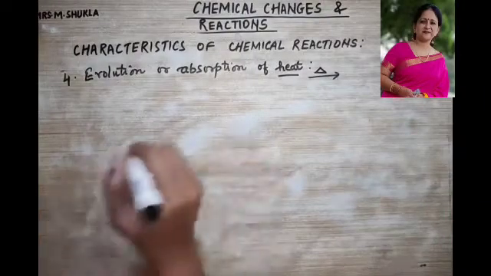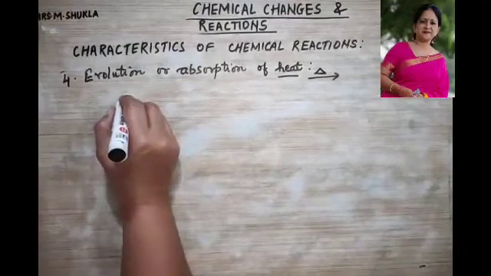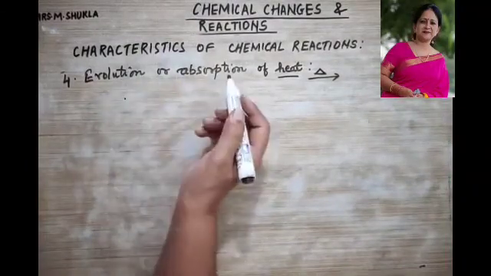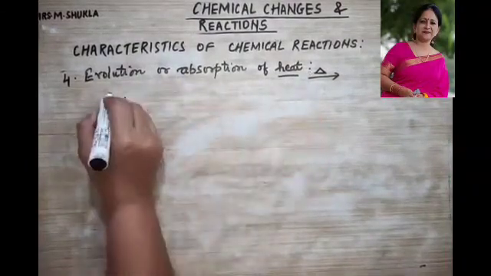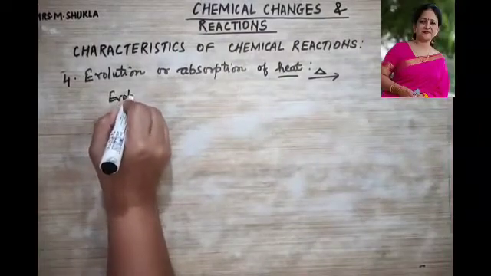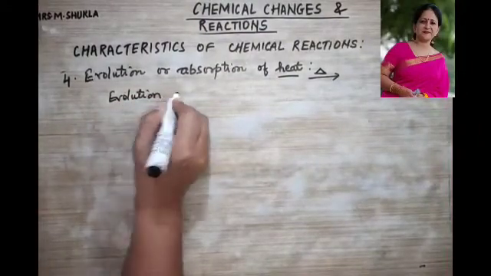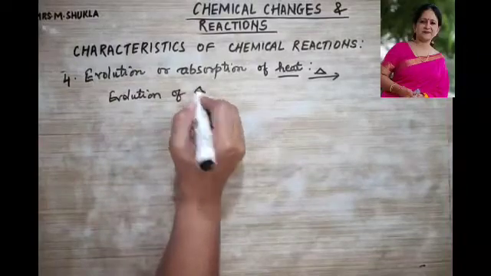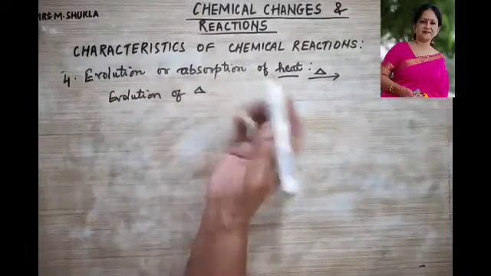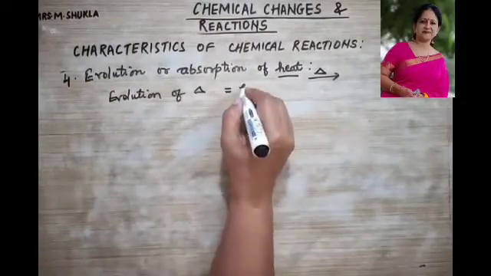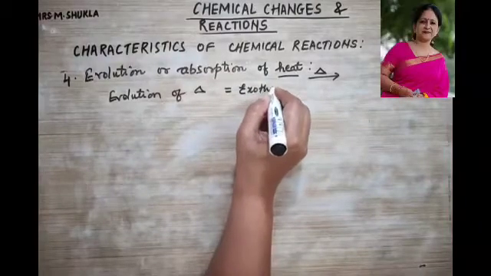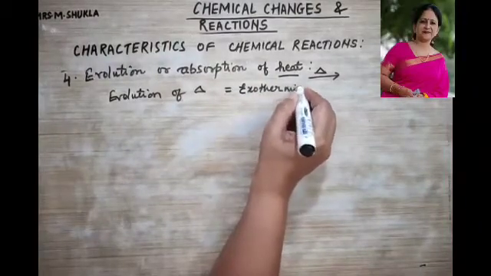Clear? So let us begin with some examples. First understand evolution of heat, that is, a lot of heat is given out. Such reactions are called exothermic reactions.